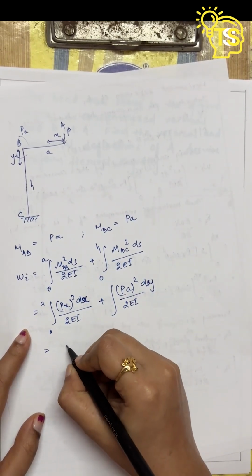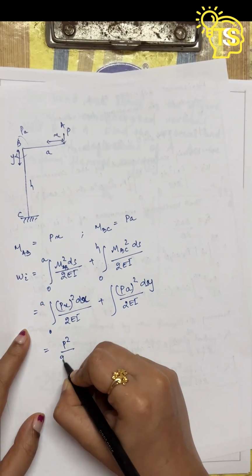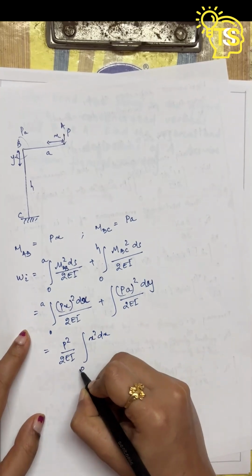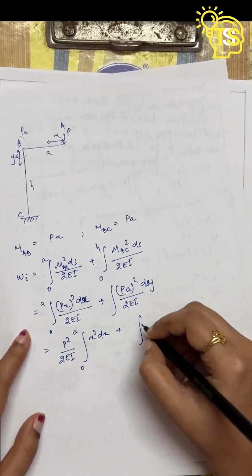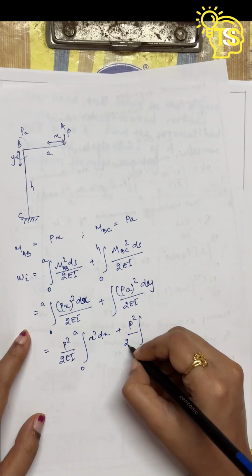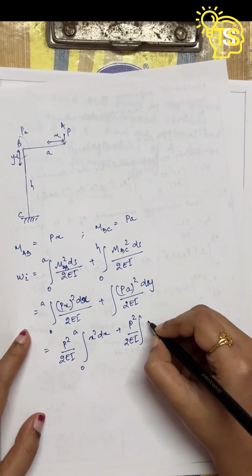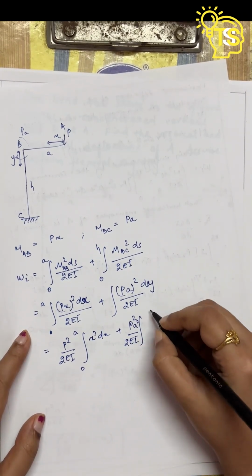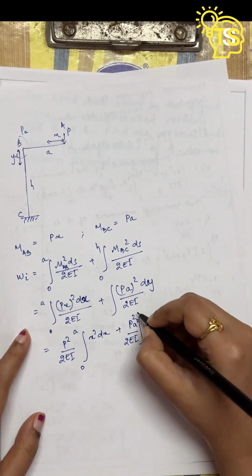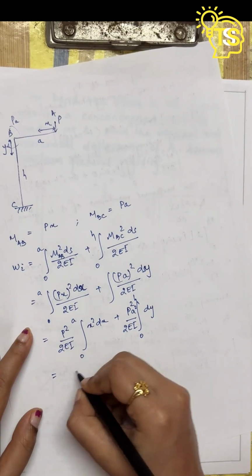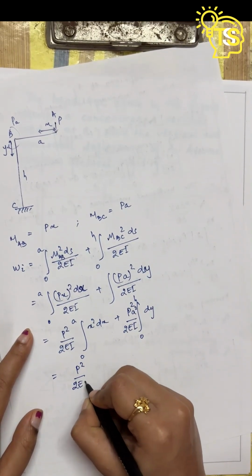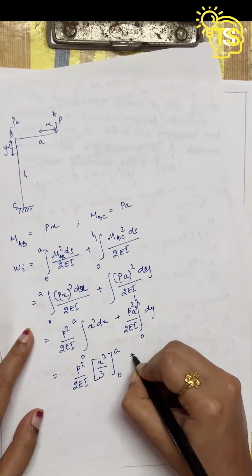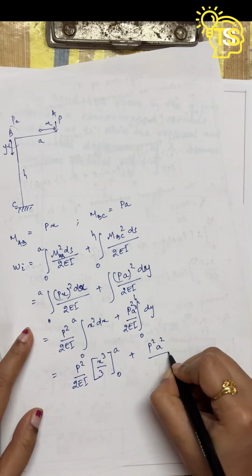Now in calculating it, we will get P square upon 2EI, let's bring it outside, and here also we will get P square upon 2EI, and let's bring it outside. Now let's bring a square also outside, and take from 0 to h. And we will get x cube upon 3, from 0 to a. This is P square a square upon 2EI.